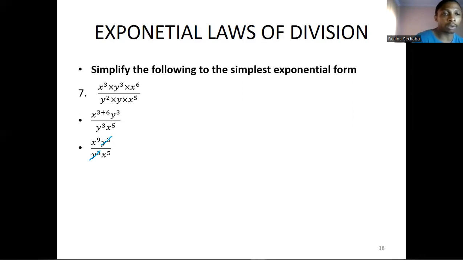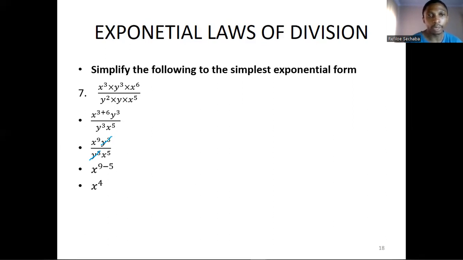There you will cross out, but know that it will simply be linked by additions. And remember, in maths, brackets make a term 1, right? And when it's a bracket next to another, it means that they've been multiplied, right? So here we're going to end up having x to the exponent of 9 minus 5, and that will give us x to the exponent of 4.